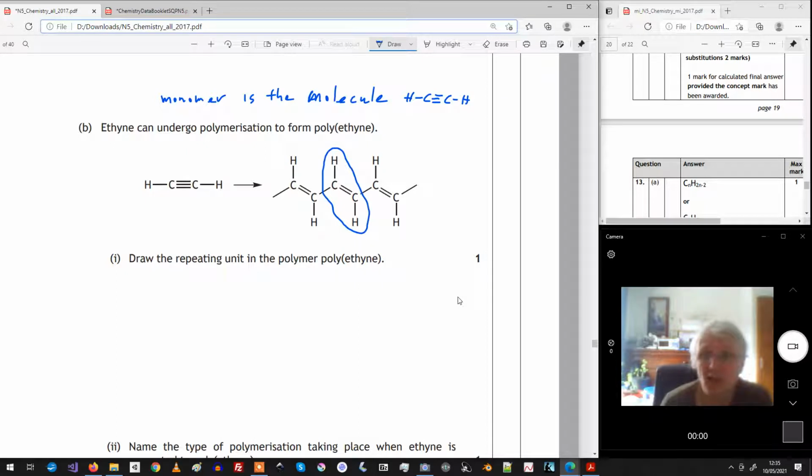So that little ethyne molecule is the monomer, and you get lots of them joining together to make the polymer. The repeating unit is not the monomer, the repeating unit is just the bit that repeats.